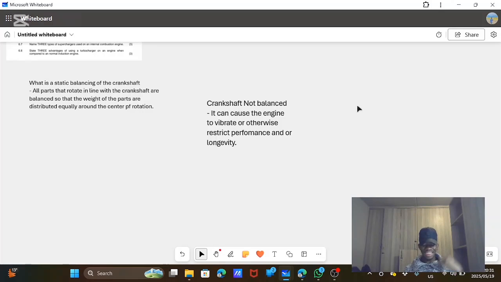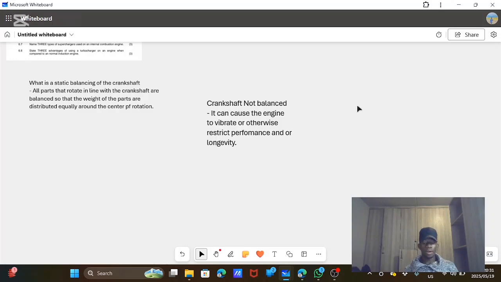Reciprocating mass is made up of the piston, the piston pin and plugs, and the upper half of the connecting rod assembly. The reciprocating mass helps the craft by minimizing vibrations to improve engine performance.